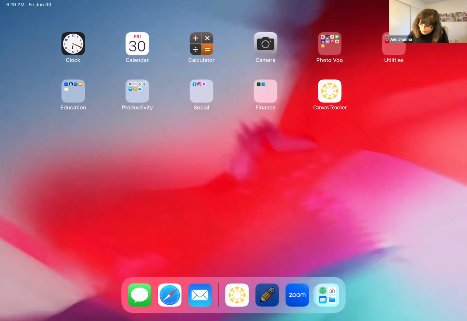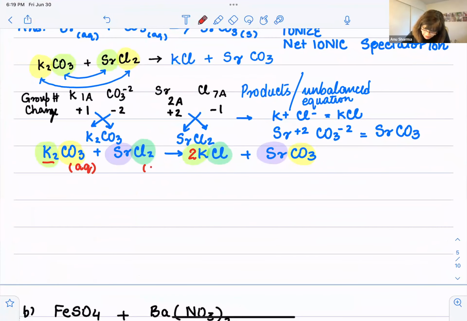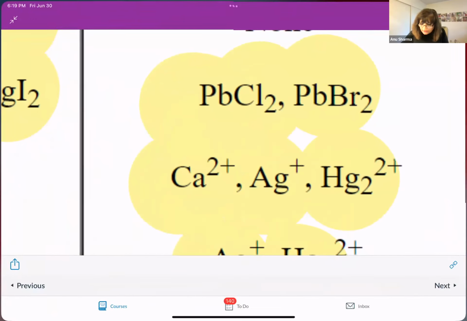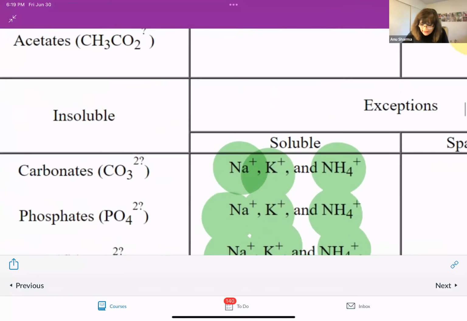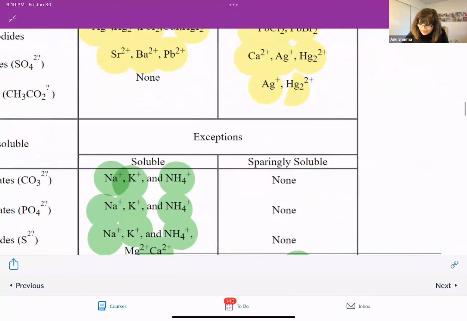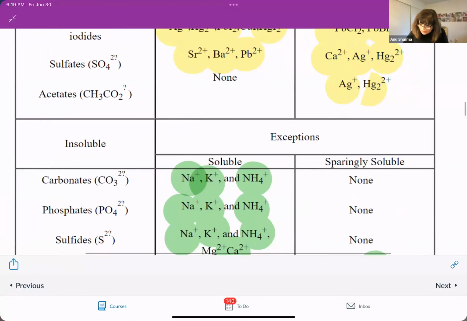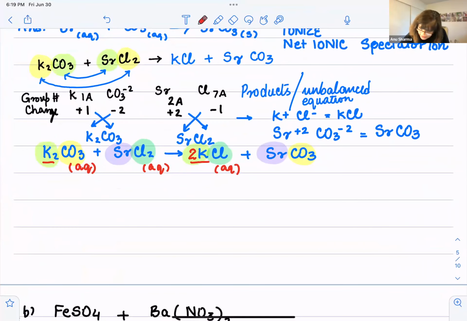Strontium is one of the troublemakers, but it is soluble here, so aqueous. Potassium chloride, again group 1A, aqueous. Then strontium carbonate: all carbonates are insoluble except group 1A and ammonium, so this is a solid.